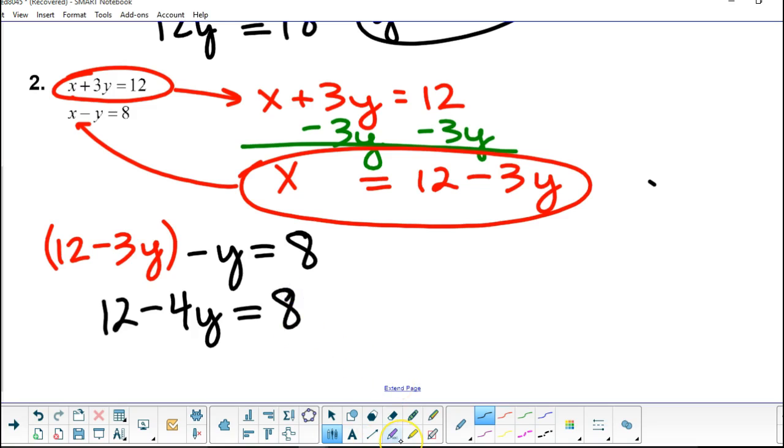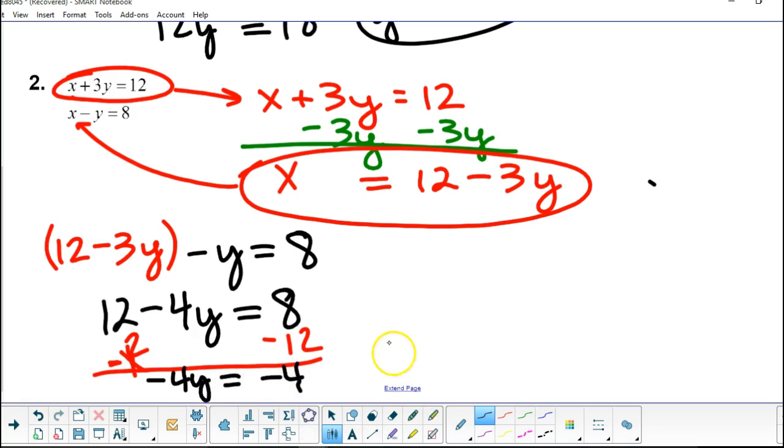We subtract 12 would be the next step. Minus 12, minus 12. At any rate, that's minus 12. And as we continue, that leaves us with negative 4y equals negative 4. So y then is equal to 1.